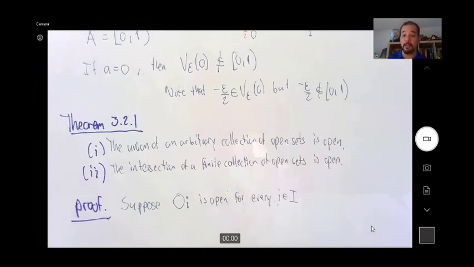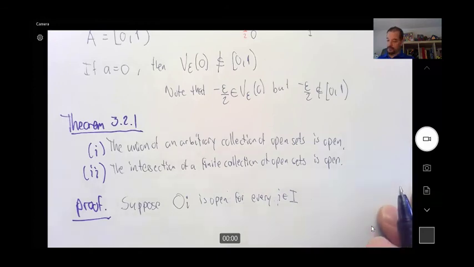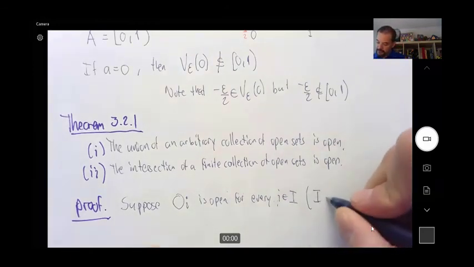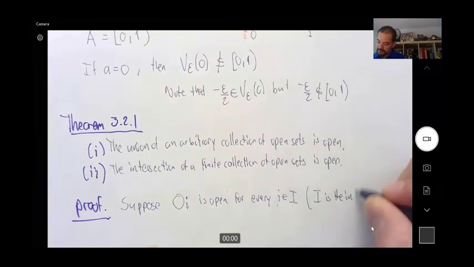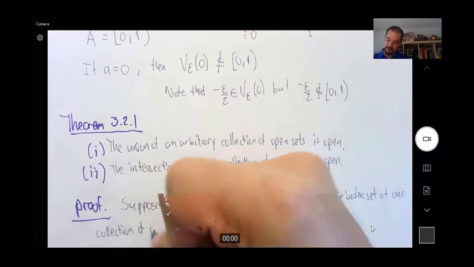And remember, it may be infinite. That's why I don't want to do it from i equals 1 to infinity or from i equals 1 to n, because it may be infinite and it may be not countable, right? Maybe this set is as big as the real numbers, okay? So this I is the index set of our collection of open sets.